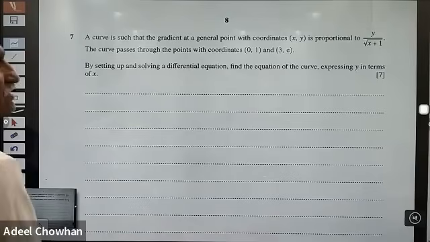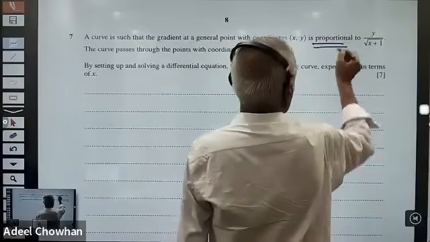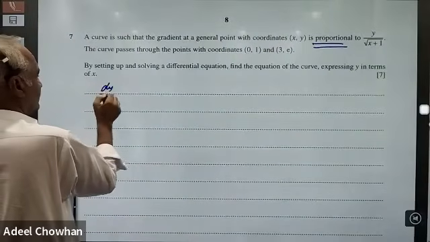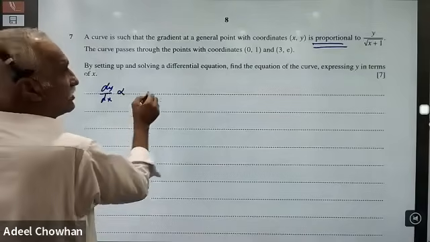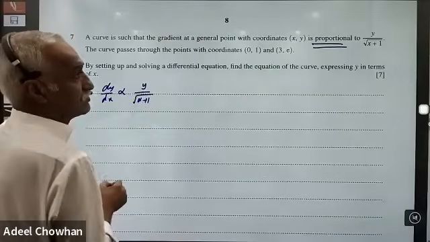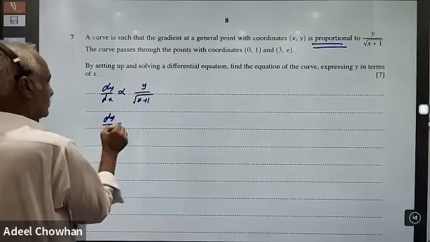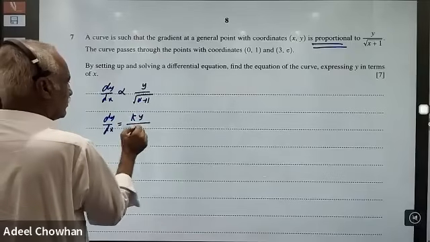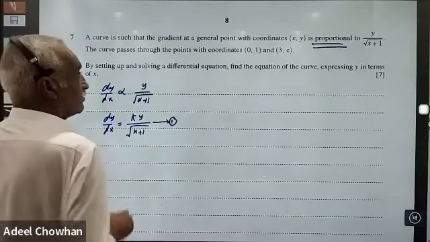Since the gradient is proportional to, we can use this word: dy by dx is proportional to y over the square root of x plus 1. So this will become dy by dx is equal to, the proportional sign changed to the equality sign, ky over the square root of x plus 1. Let's say it is equation number 1.